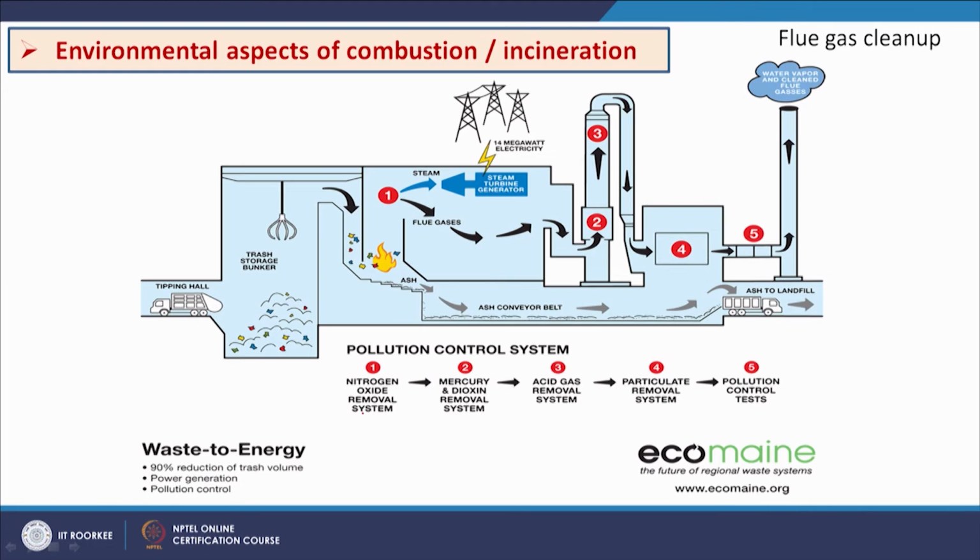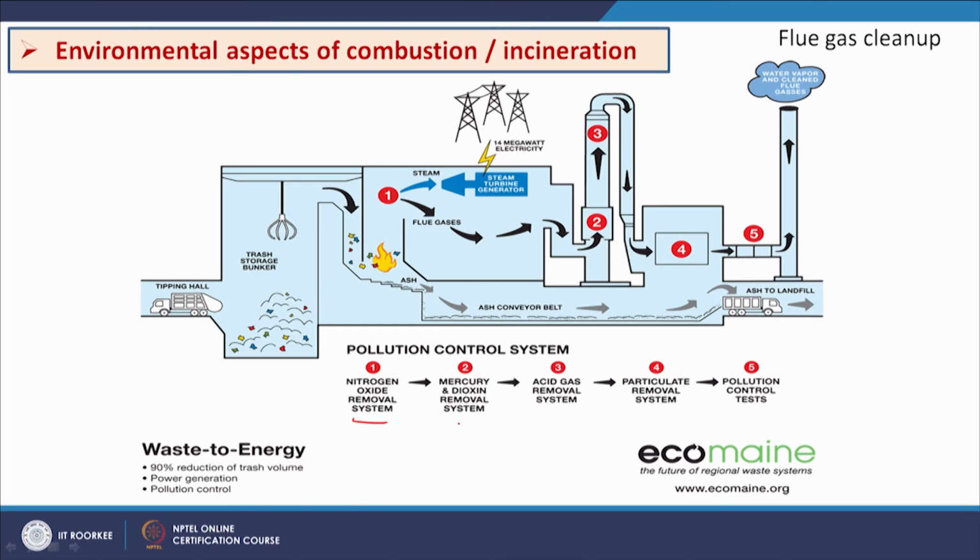So, first step is the nitrogen oxide removal system. We have already discussed how to remove nitrogen oxides in our gas cleanup system, in our air purification chapters. Then it is coming to mercury and dioxin removal, depending upon the nature of the waste materials.